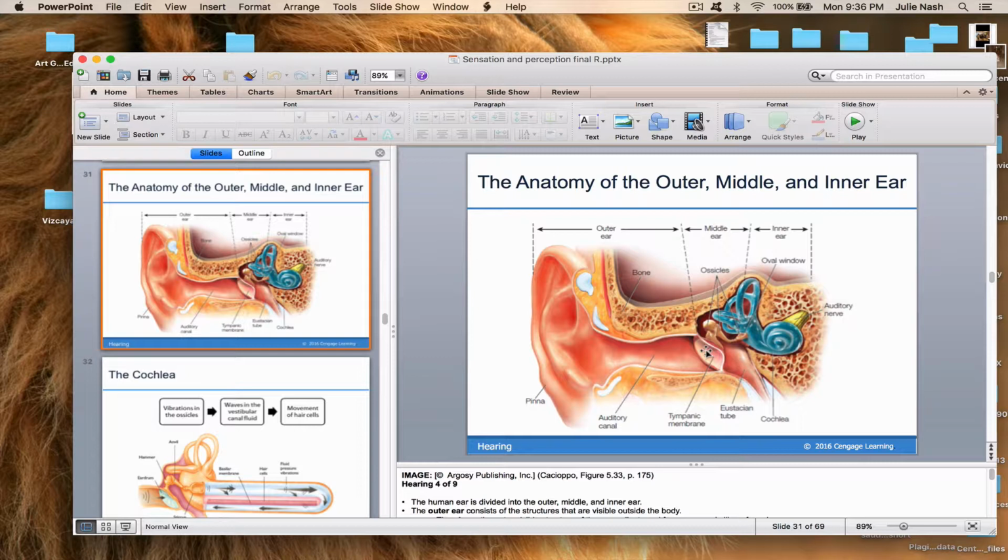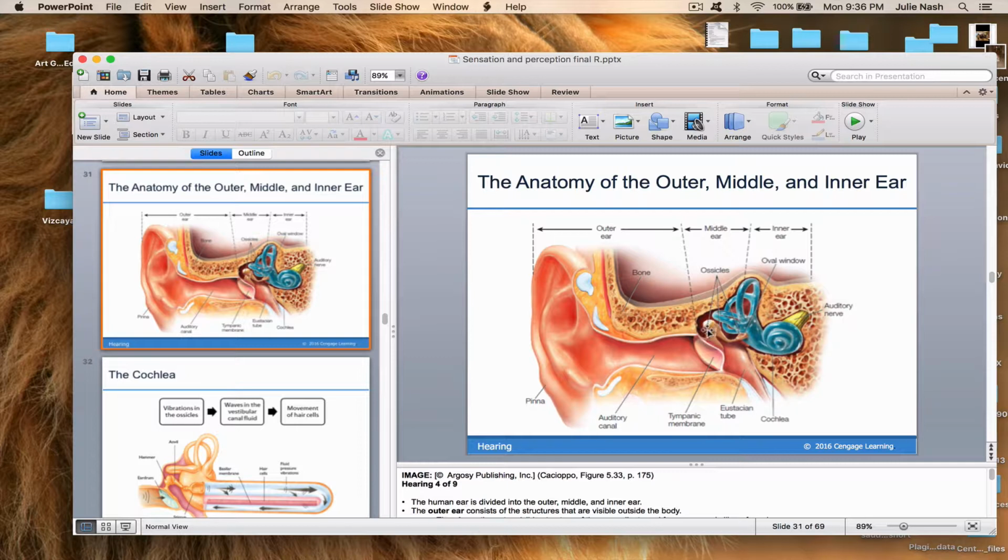When you hit the drum with the drumsticks, it vibrates. It causes movement to these three inner ear bones called the ossicles: the hammer or malleus, the incus, and the stirrup or the stapes.